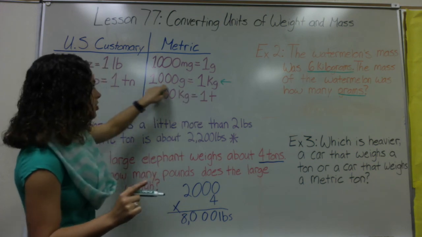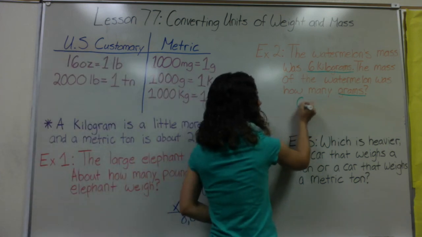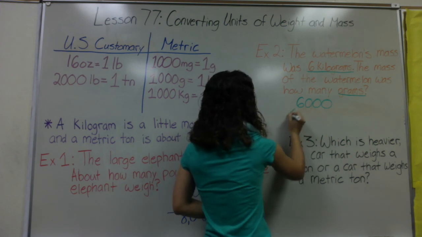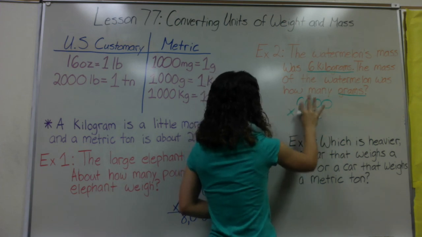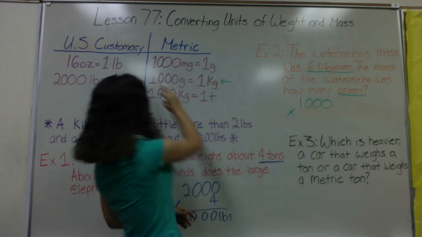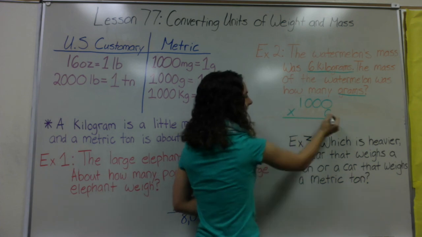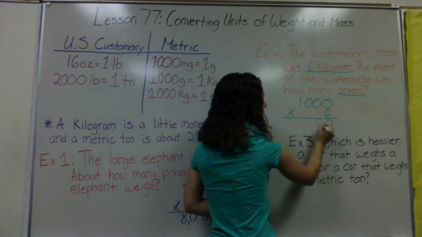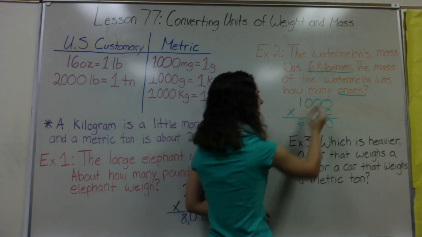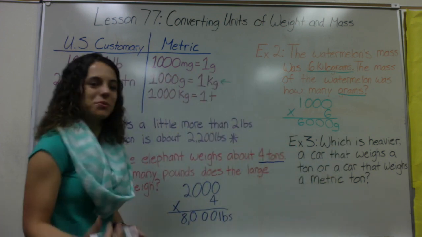That's a multiplication problem, 1,000 times 6, which many of you can do in your head, but we are still going to show our work. 1,000 grams times 6. I do 6 times 0 is 0, 0, 0, and 6 times 1 is 6. There we go. So a watermelon weighs 6,000 grams.